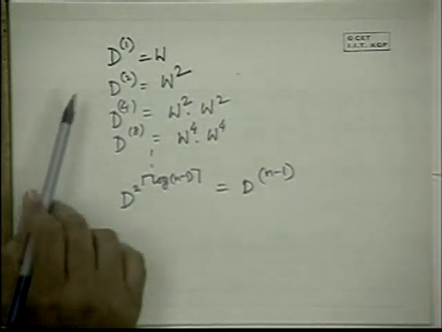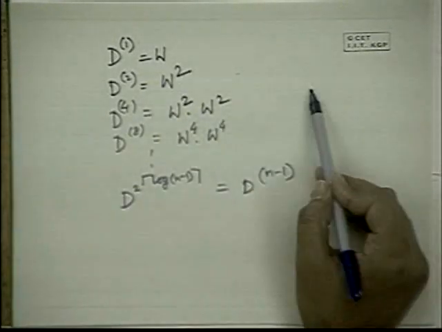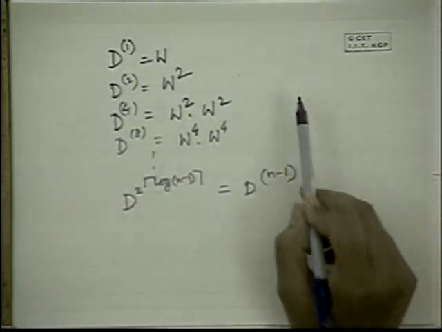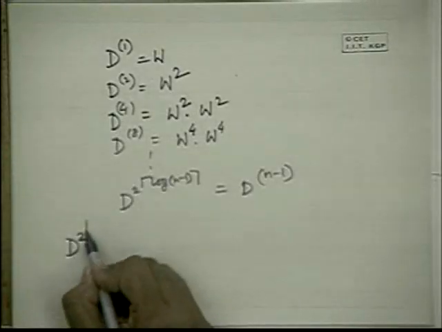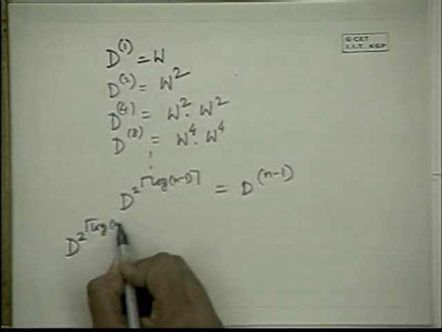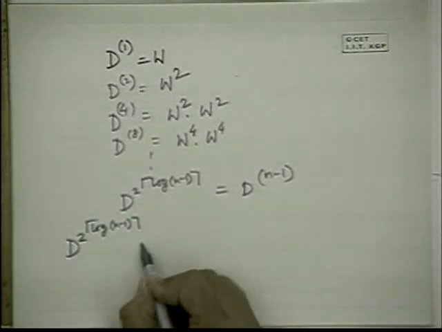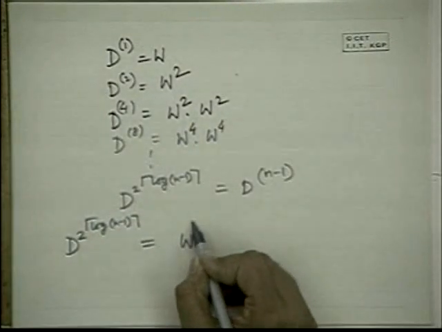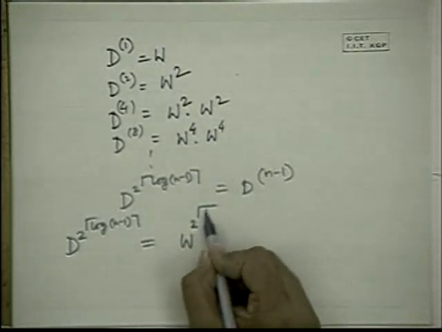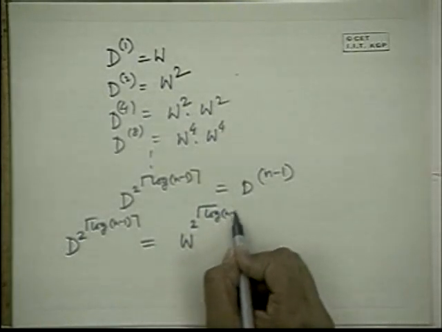So you see, now we are jumping. You first take 1, 1, then 2, 2, then 4, 4, then 8, 8. So to reach n, how many times will you have to do this? Something like log n times. So how can you write this? d to the power 2 to the power log n minus 1 is equal to w to the power 2 to the power log n minus 1.